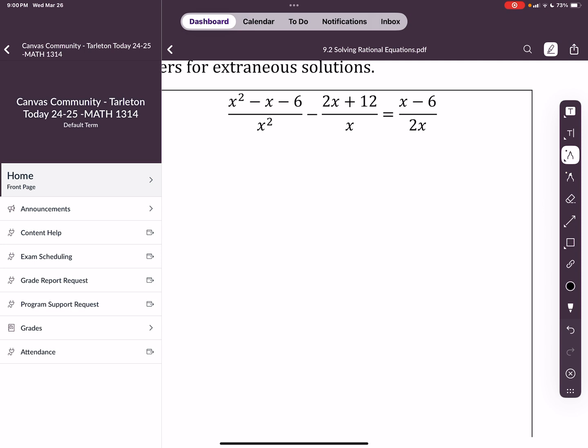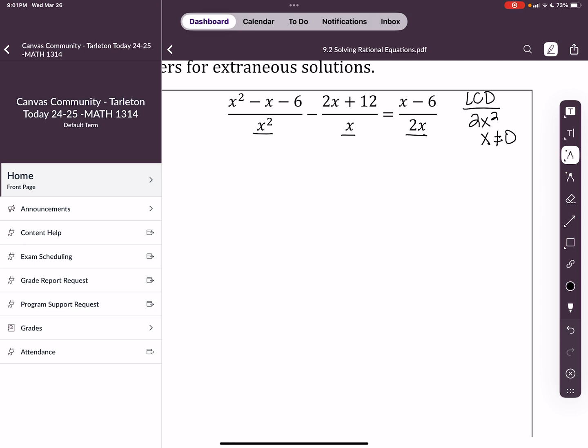Okay. So this next problem here, my denominators are x squared, x, and 2x. So I know that I can do my LCD being 2x squared. So that means that x cannot equal 0. Okay, so when I write this one out in just a second, I'm going to give myself some room so that way I can show what I need to multiply by in order to get the LCD.